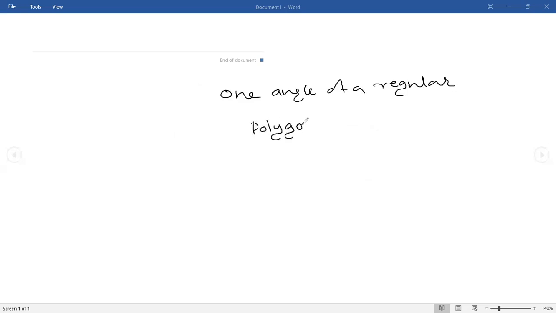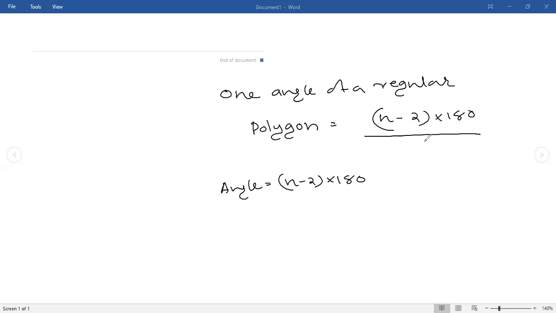We know the sum of the angles of a polygon is n minus 2 into 180, where n is the number of sides. So one angle of a regular polygon will be n minus 2 into 180 divided by n.